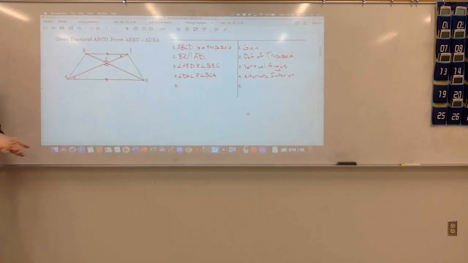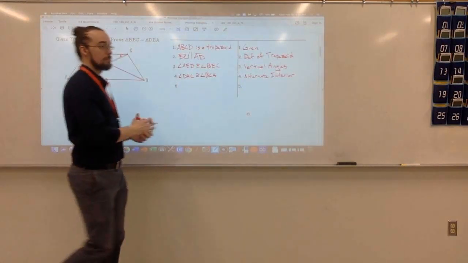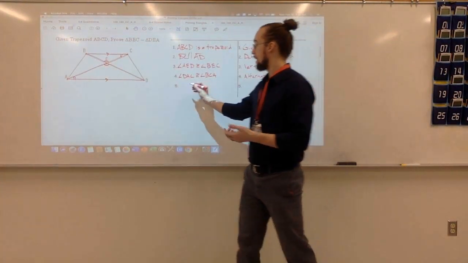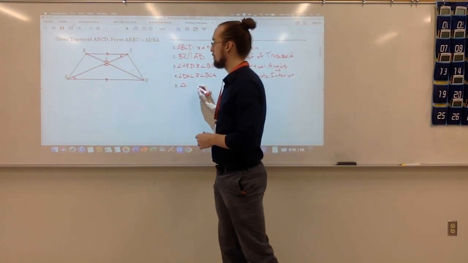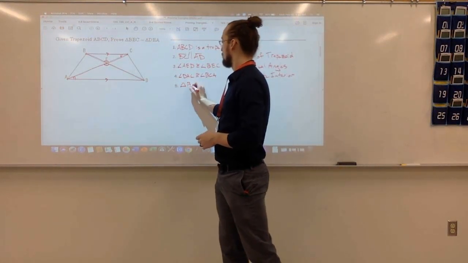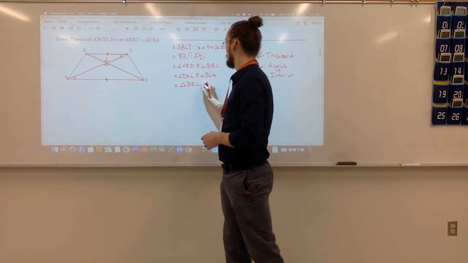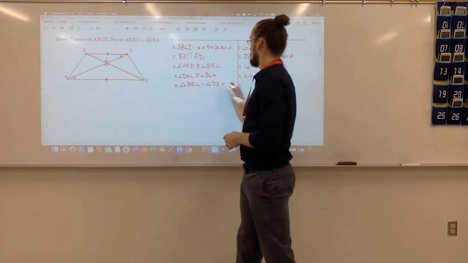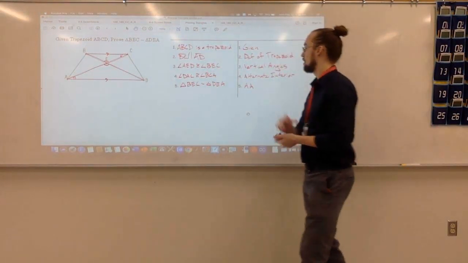But that would be true. They would be congruent because they're vertical. But now we've got two angles congruent in these two triangles. I can now claim they are similar. So we can say triangle EBC is similar to triangle EDA by angle-angle.